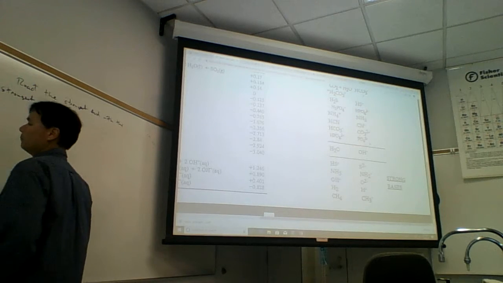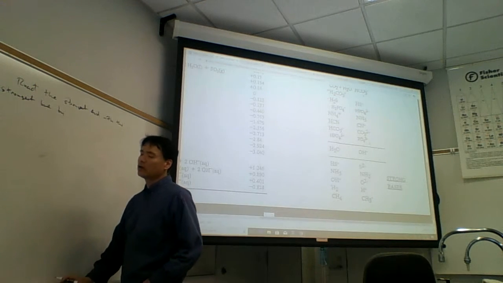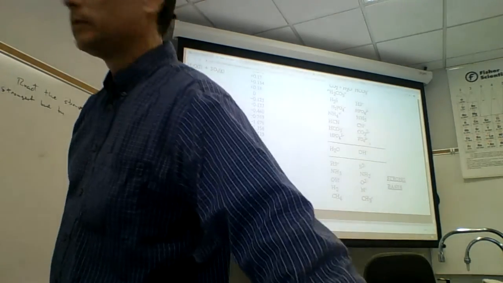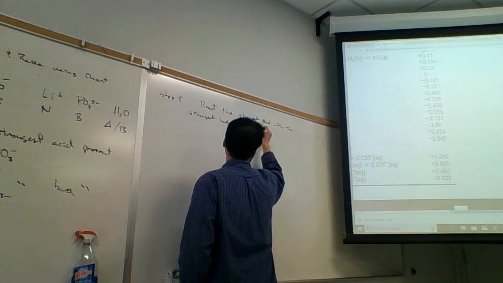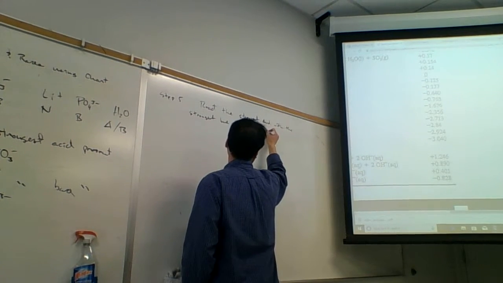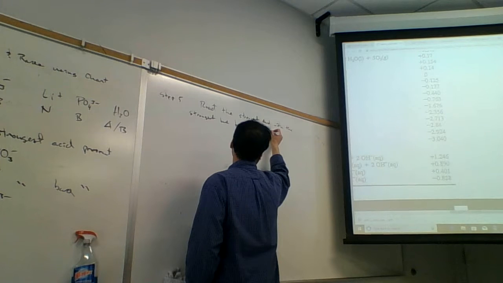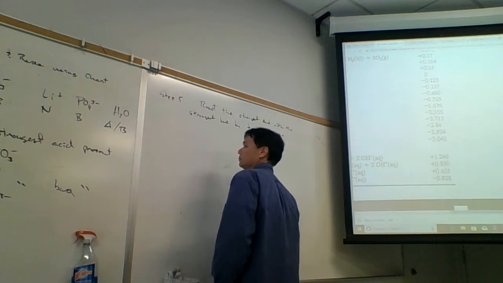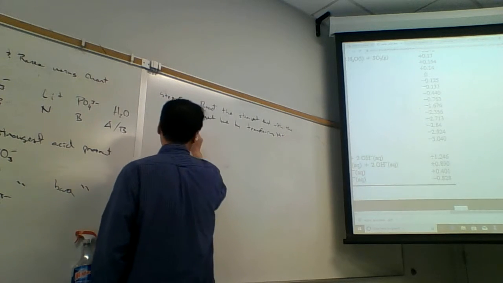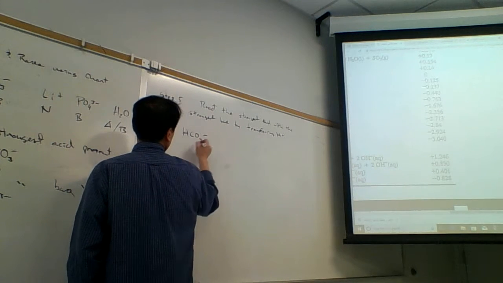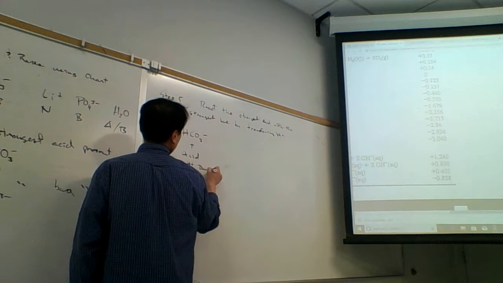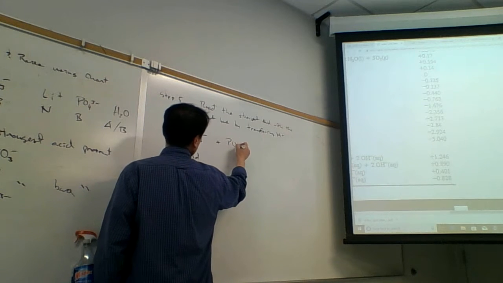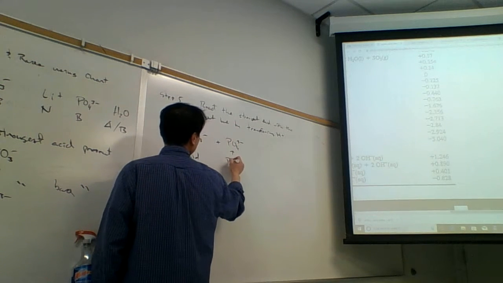Basically we're just going to transfer a hydrogen ion between the acid and the base. So an acid is an H plus donor. And then the base is an H plus acceptor.